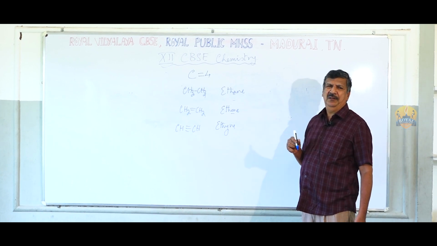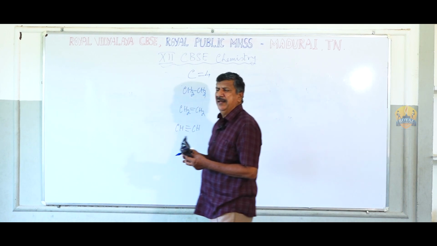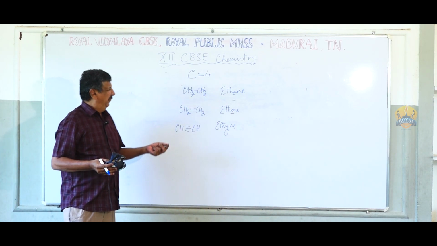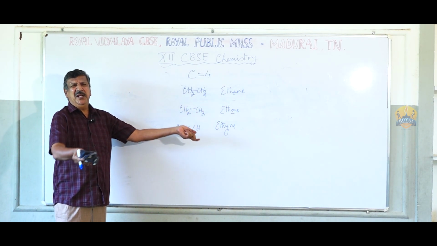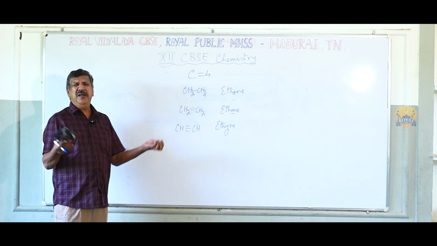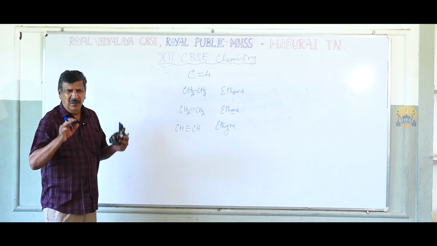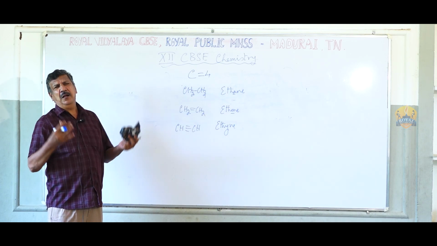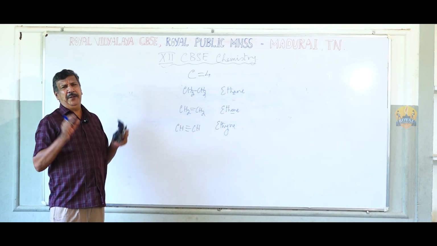But many learn this formula without understanding: CH2 double bond CH2, CH triple bond CH. It is very easy. But when you go for a higher carbon, it is highly complicated.